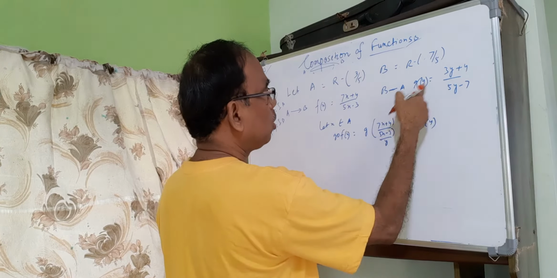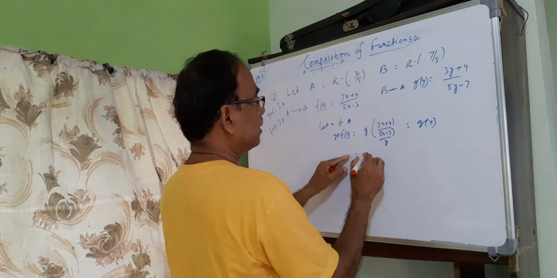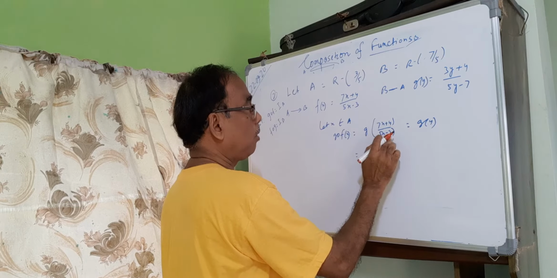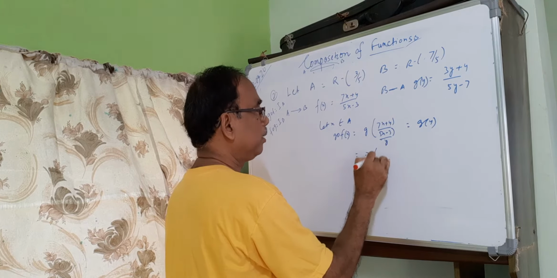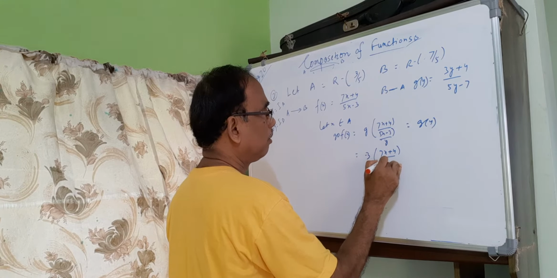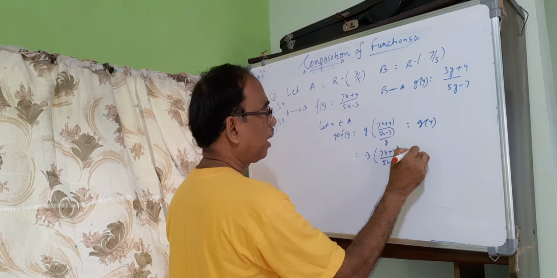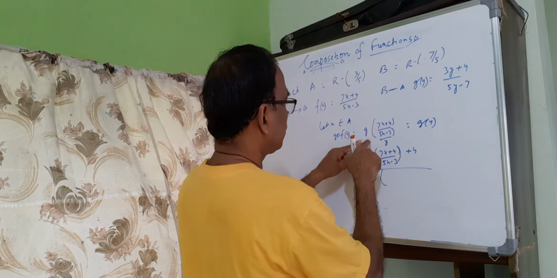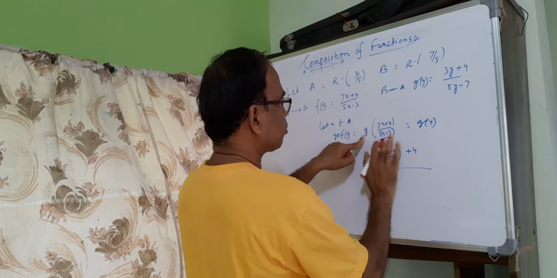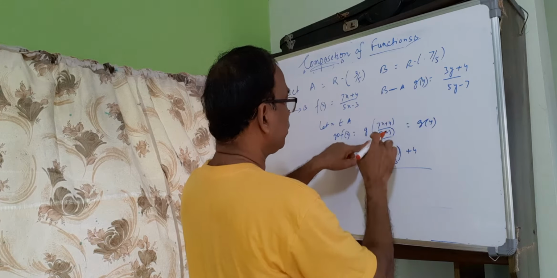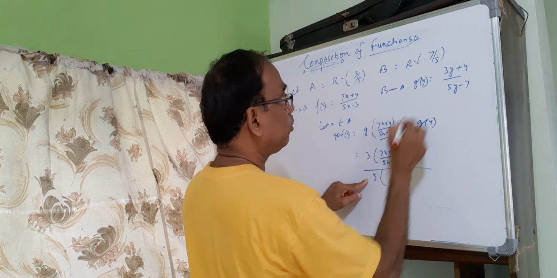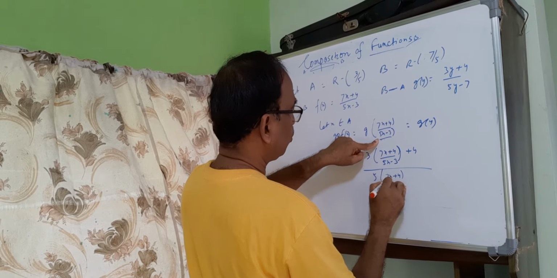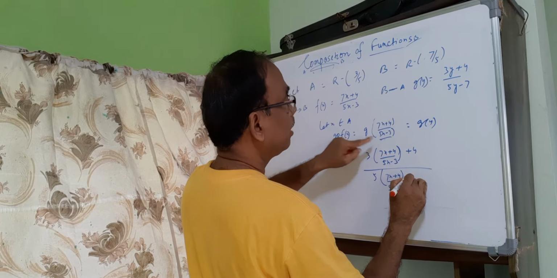Here g(y) is (3y plus 4) by (5y minus 7), so put y as (7x plus 4) by (5x minus 3): 3 into (7x plus 4) by (5x minus 3) plus 4, over 5 into (7x plus 4) by (5x minus 3) minus 7.